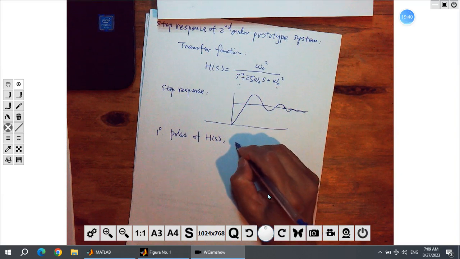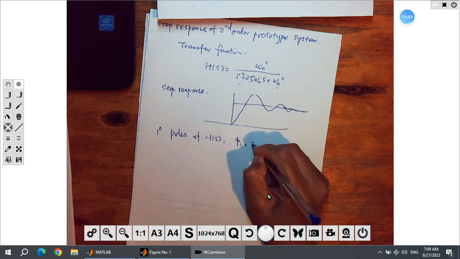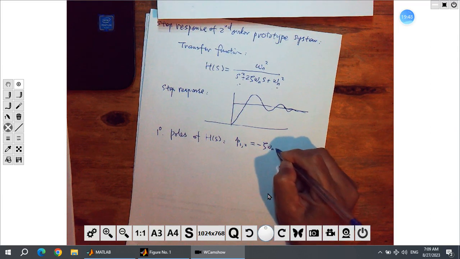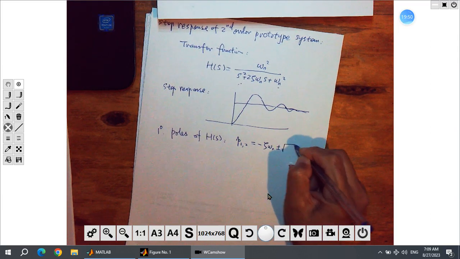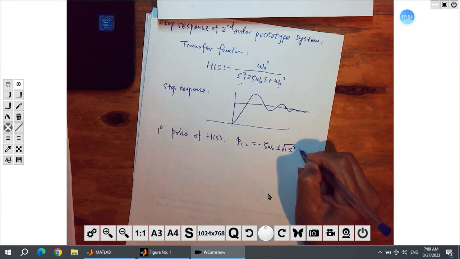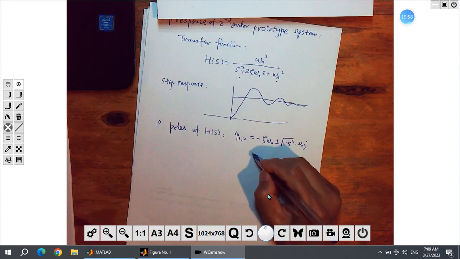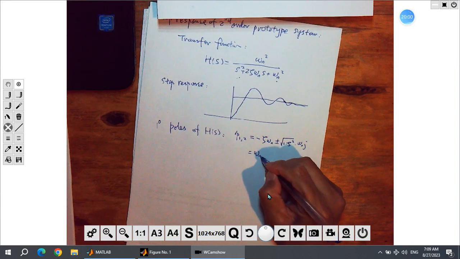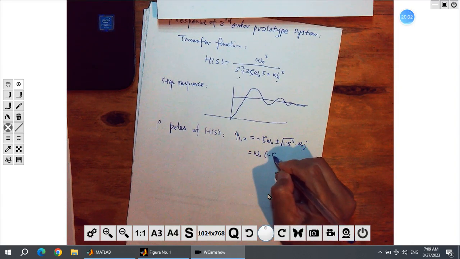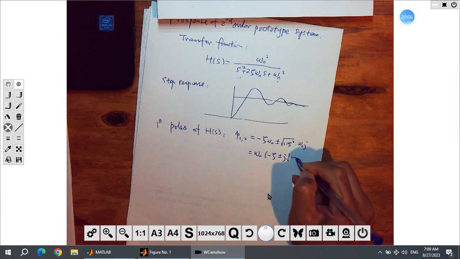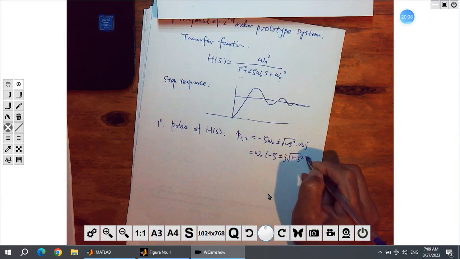You can have the 2 poles, P1 and P2, will be negative zeta omega n plus or minus square root of 1 minus zeta squared times omega n j. You can also move the omega n outside, then times negative zeta plus or minus j times square root of 1 minus zeta squared. You can also write it in this way.